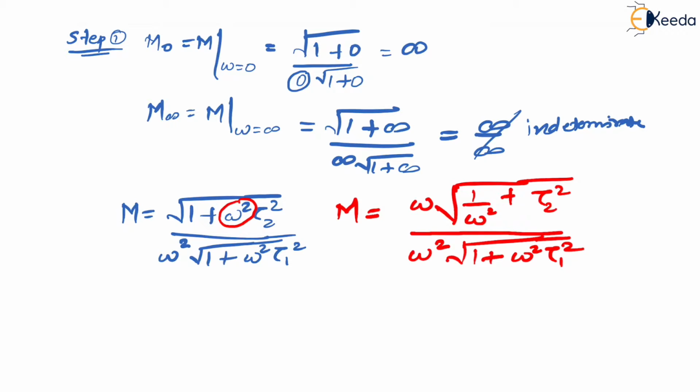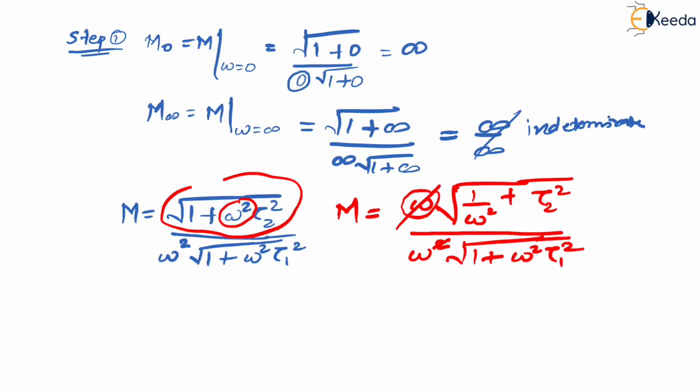Is that correct? If you don't understand this, keep this omega again inside, then at the end you will get this particular expression itself. Anyways, this omega and this one get cancelled, so you have got this 1 by omega.